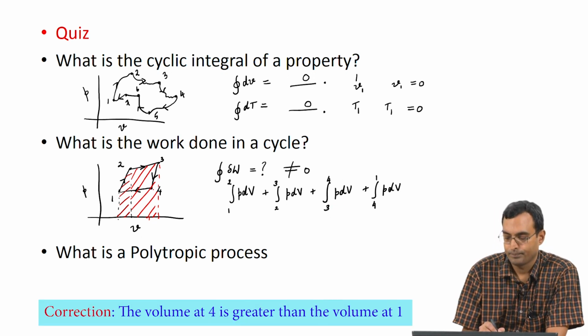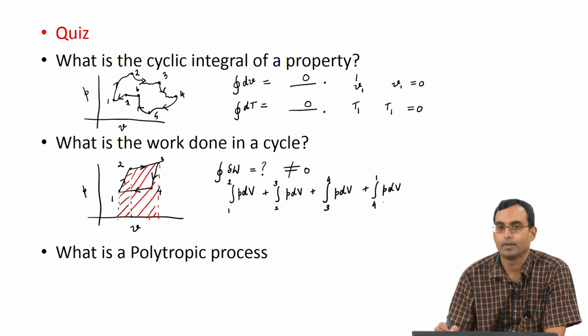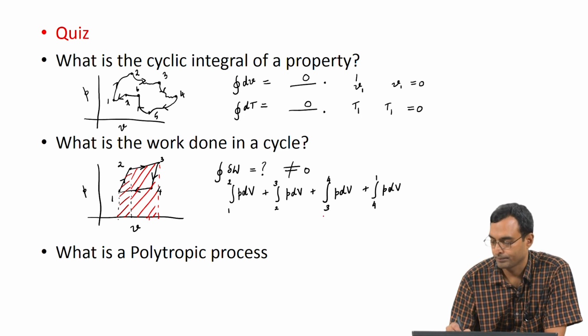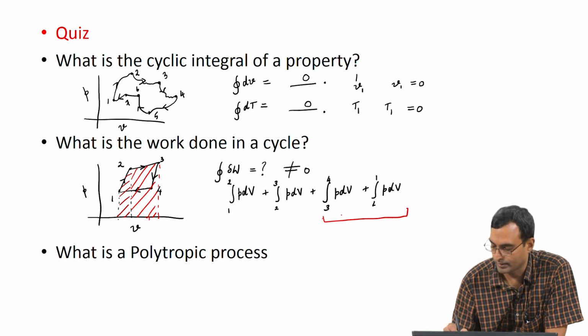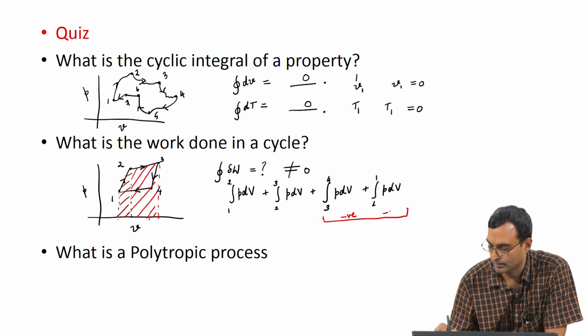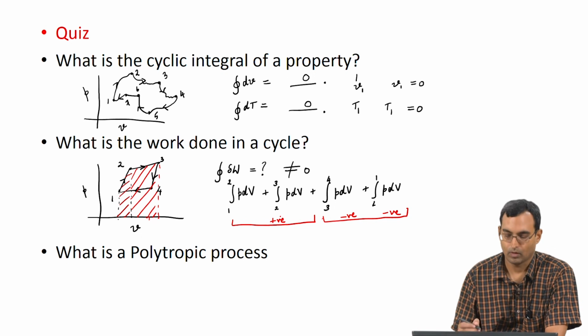Similarly, going from 4 to 1 the volume is again reducing. So, these two quantities are going to be negative, whereas the first two quantities are positive from the way in which we have drawn this.